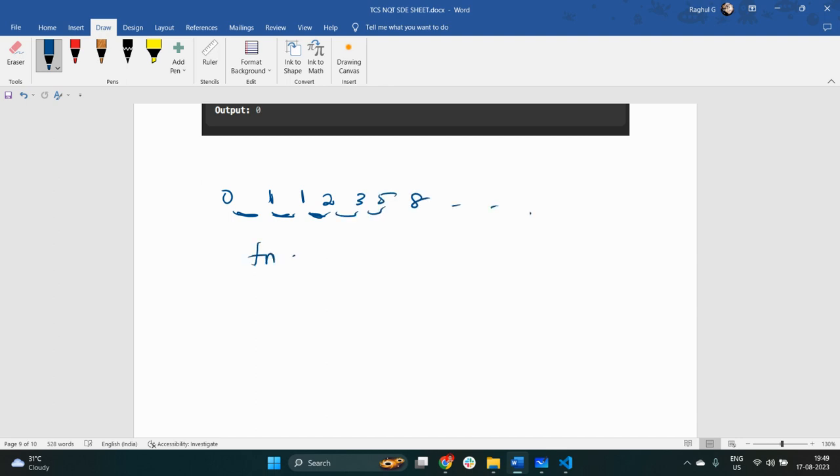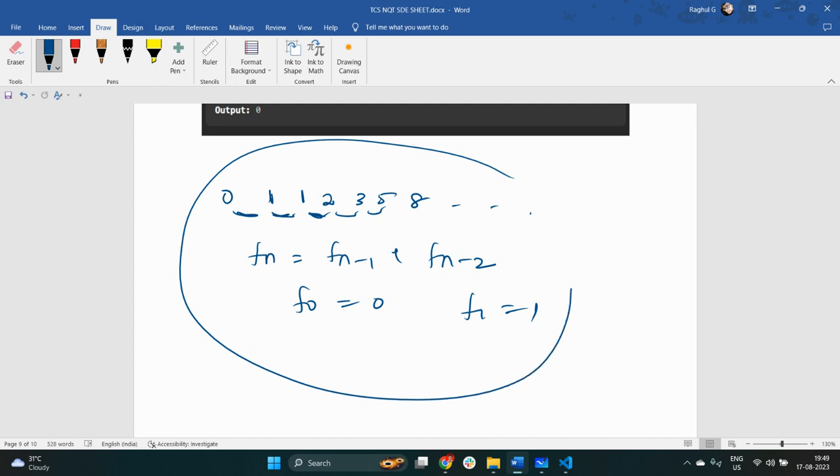So I can say f of n is equal to f of n minus 1 plus f of n minus 2, and f of 0 is equal to 0, f of 1 is equal to 1. This is the concept behind the Fibonacci series.